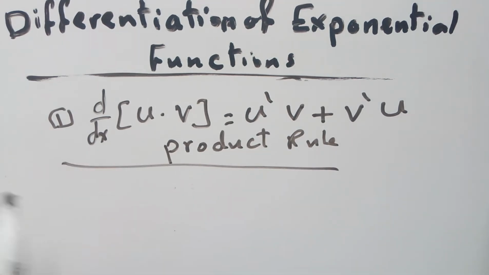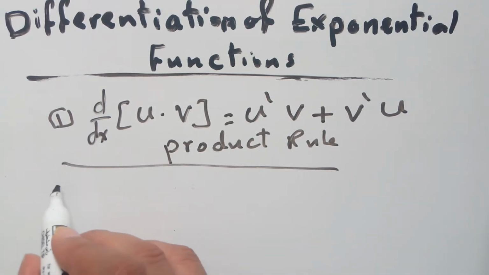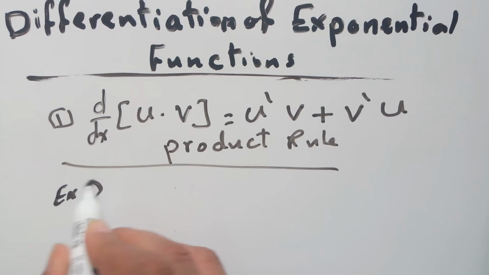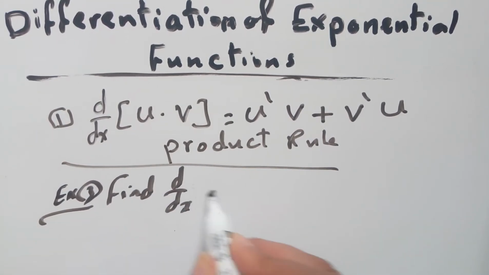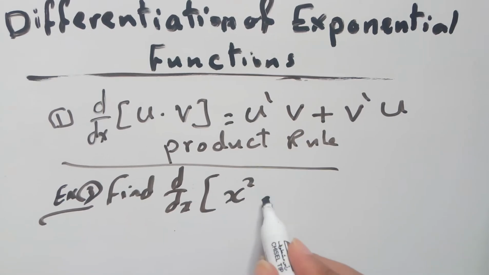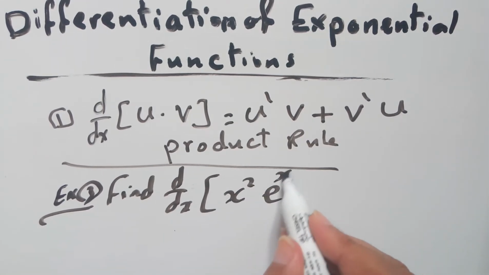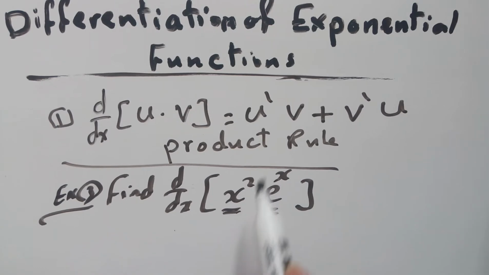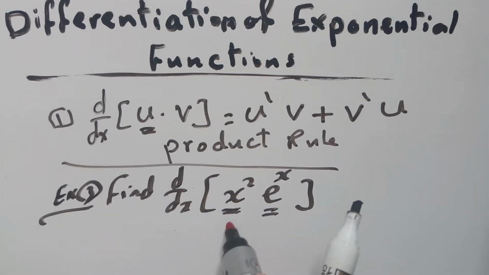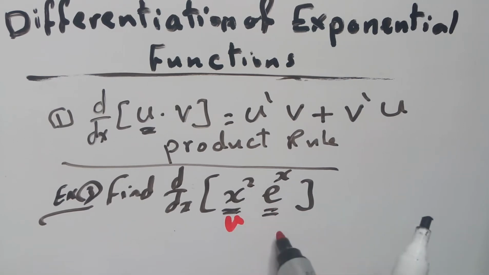How to apply or how to use this rule? The question, for example 3, find d dx for x squared e to the power x. Here you have two functions here, x squared and e to the power x. X squared is the first function, like u, and e to the power x, the second function, v.